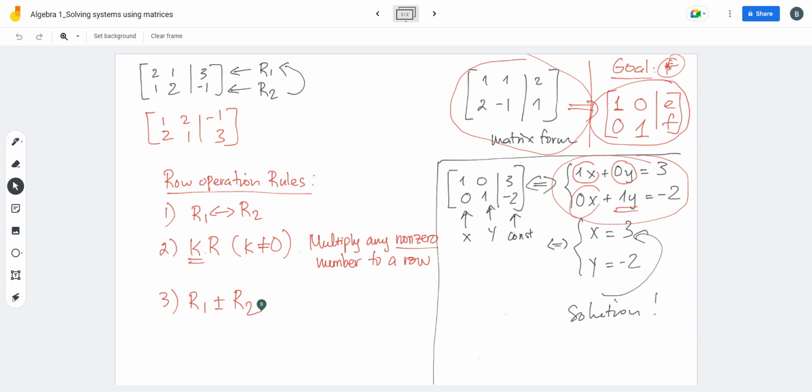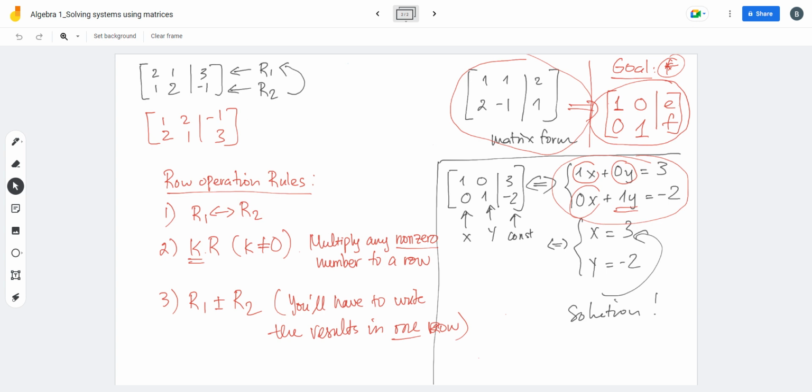That would be okay too. So remember that when you add or subtract any rows, you have to write the results in one row, and you have to indicate that.